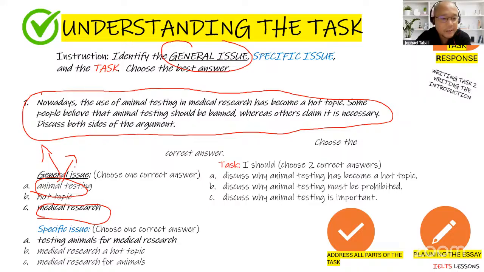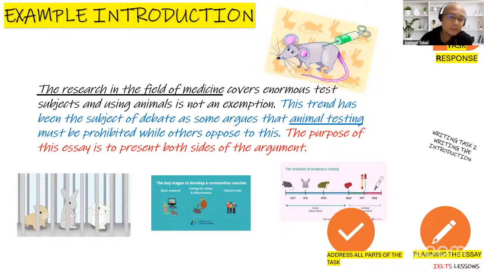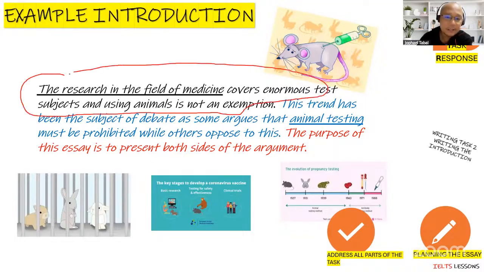They would talk about animal testing as a hot topic and then paraphrase it, testing animals for medical research and so on. As we mentioned earlier, you have this hook sentence, which is a background of the general issue about medical research, then paraphrase, and then the answer.